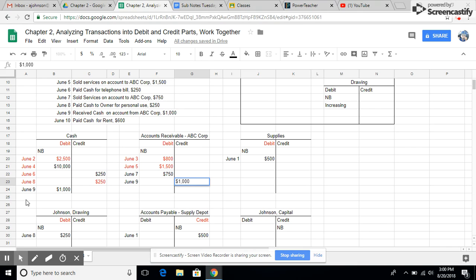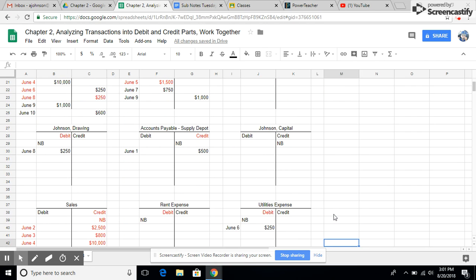We're paying cash for rent. So we're paying cash. Our cash is decreasing. So that's going to go over here on the credit side. And then we also need to go down to our rent expense. June 10th, rent expense. The amount of rent expense is going up. So that's going to go on the normal balance side for the rent expense, which is the debit side, $600.